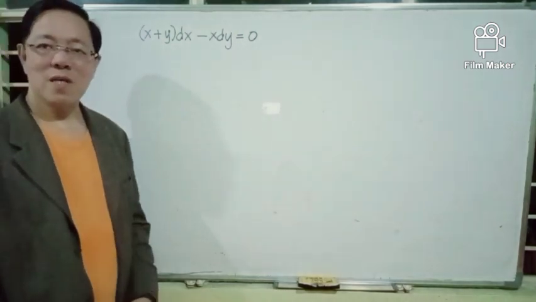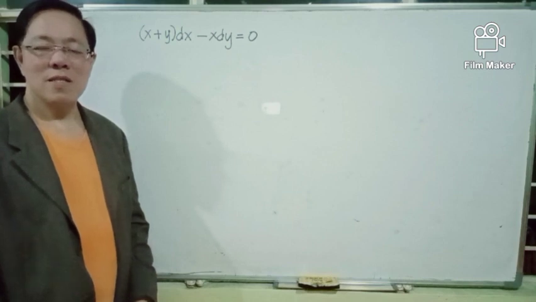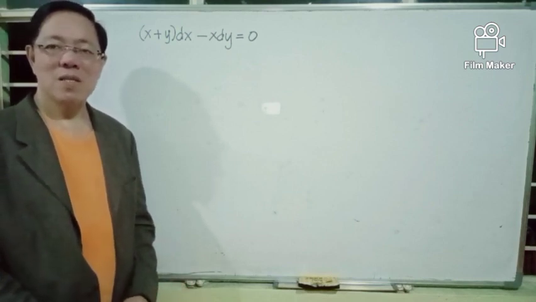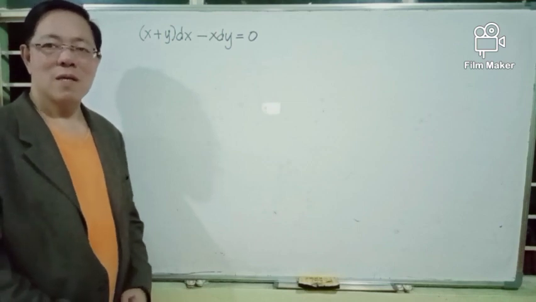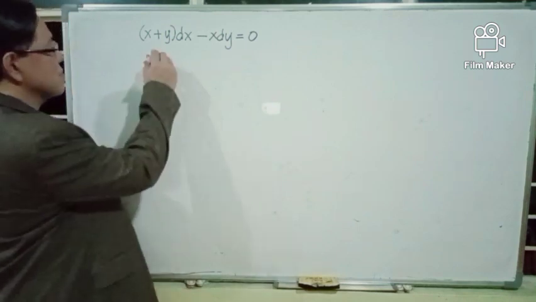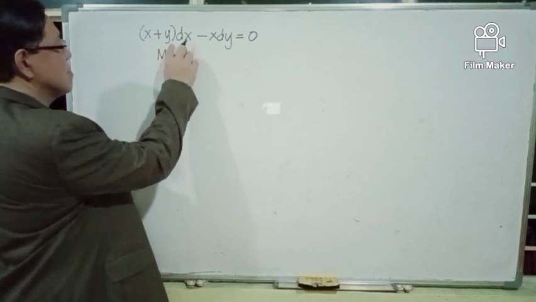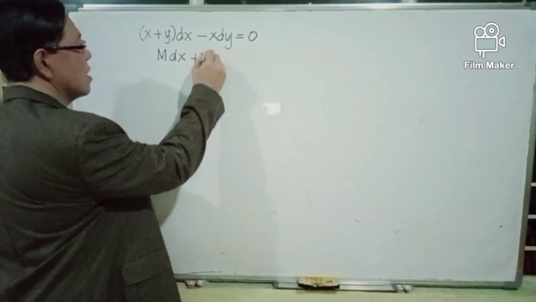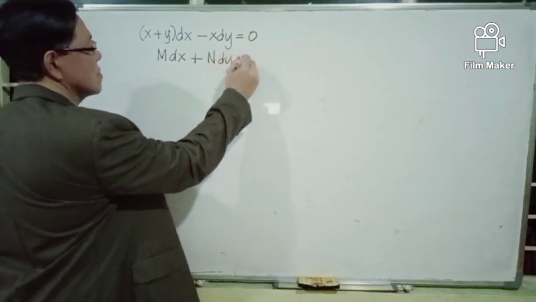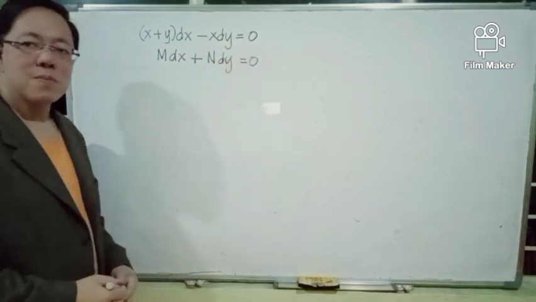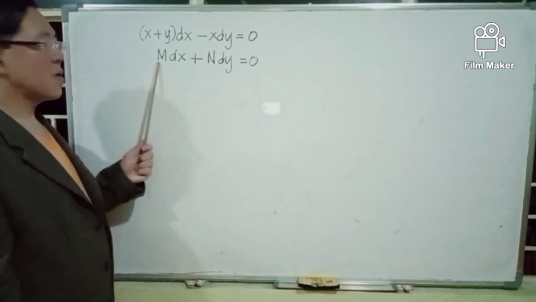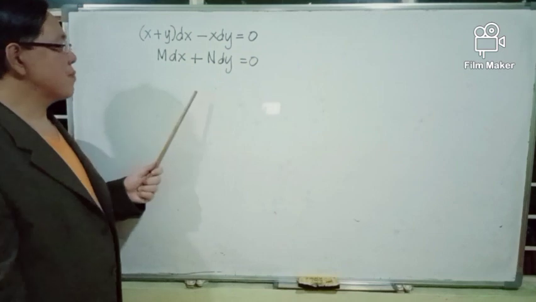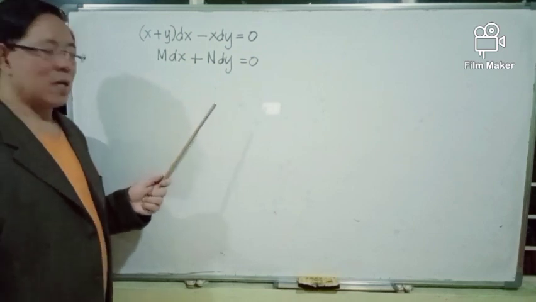Now we check if this differential equation is a differential equation with homogeneous coefficients. If you compare this differential equation with M dx plus N dy equals 0, the coefficient M of dx and the coefficient N of dy are functions of the variables x and y.